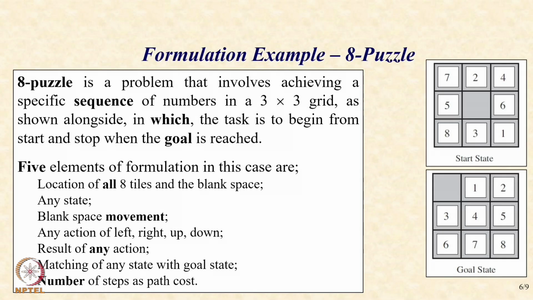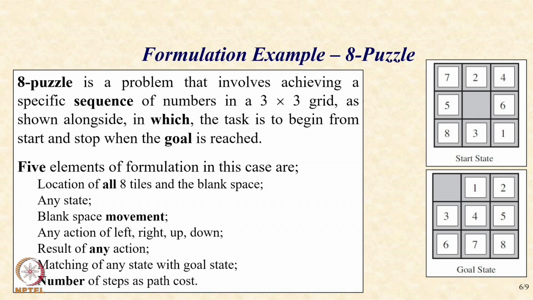Then there will be other possible moves which you will consider, and as you keep considering those sequences of moves, at some point your goal state will be reached, and then you count the total number of steps that you have taken and say, okay, I took 25 steps to reach the solution.